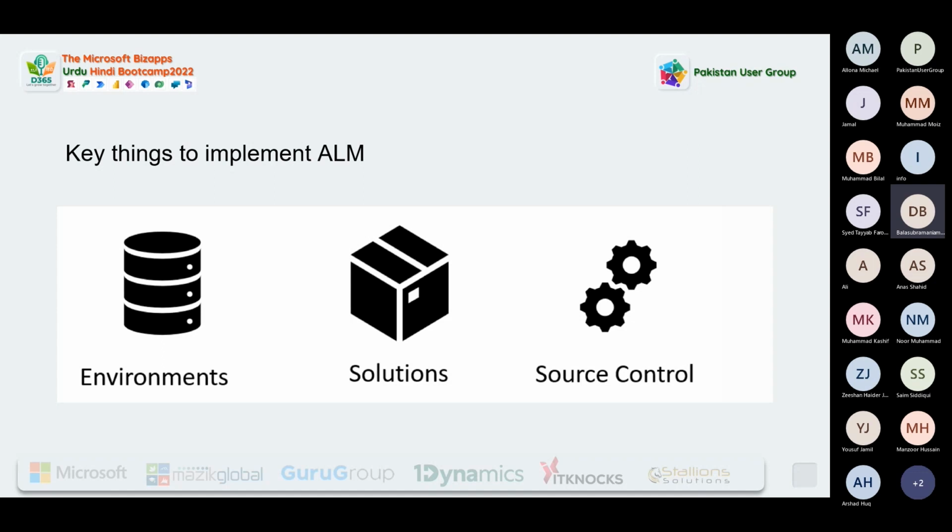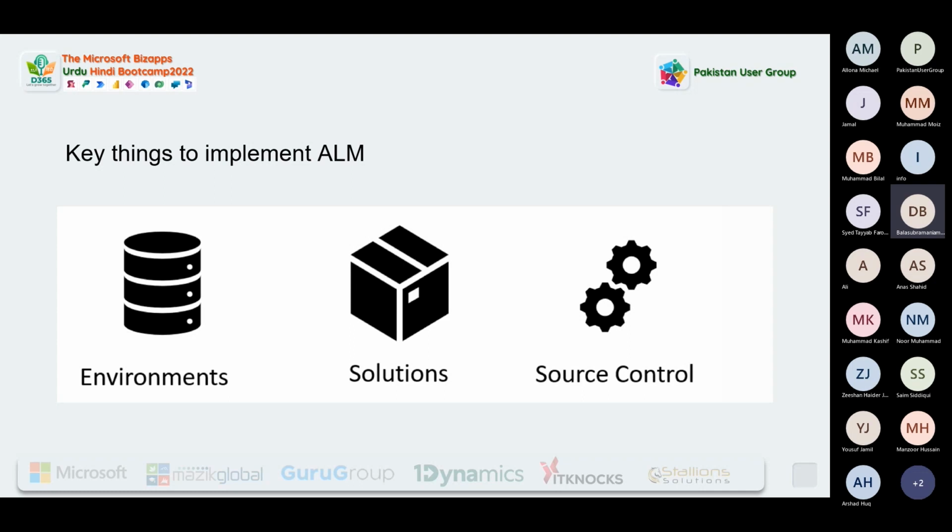And next, solutions. Good understanding of the solution framework and its capabilities is required to implement a robust application lifecycle management process. In its most simplistic form, a solution is a container of the application components. A solution is an easy way to group components and move from one environment to another.